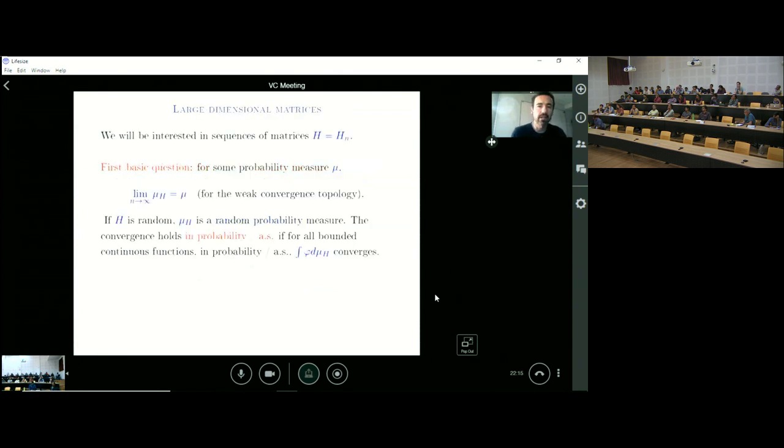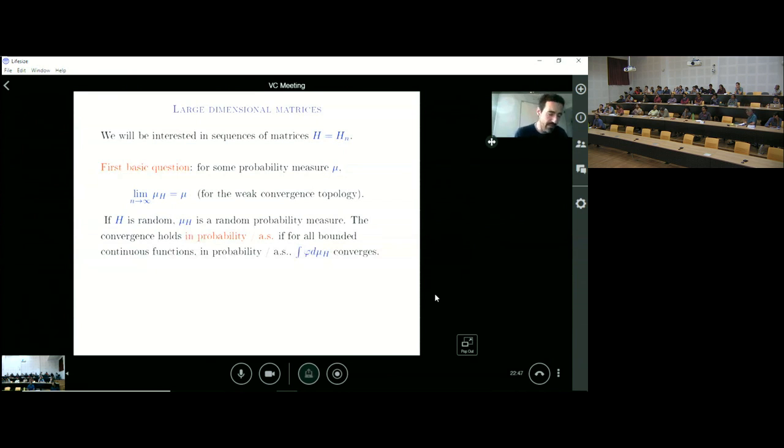Then you have basic questions. We will be interested in matrices of size n, and n will be a parameter which will not be written explicitly, but it will be present everywhere. So n will go to infinity. The first basic question is: do we have a convergence of the empirical distribution of eigenvalues as n goes to infinity, for example for the topology of weak convergence?